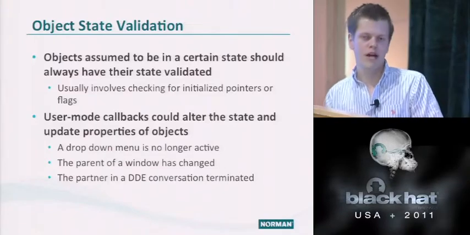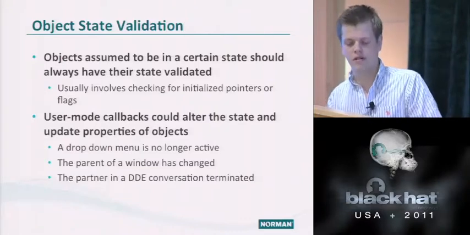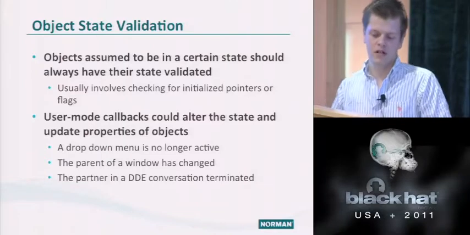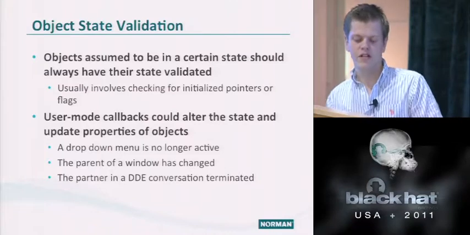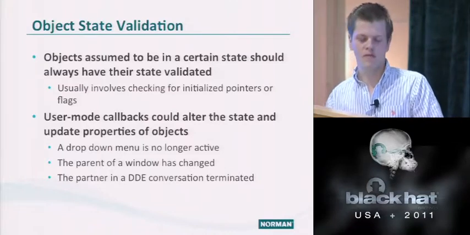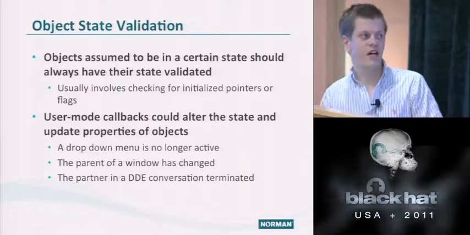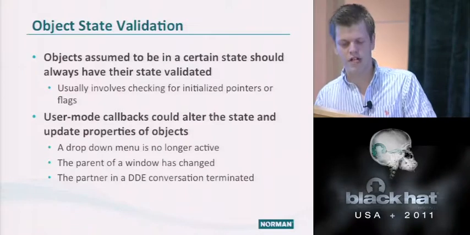And user mode callbacks could alter the state of the object properties. So, a drop-down menu could no longer be active. A parent of the window has changed. If you have a DDE conversation, the partner or the opposite party could be terminated. So there's a lot of things you need to check, even though you might think there is not much to check for.